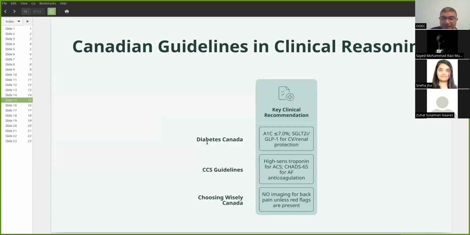For example, in Diabetes Canada, the HbA1c target is 7% or less for most adults.